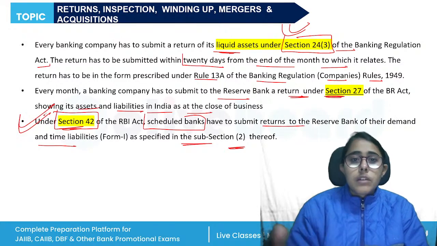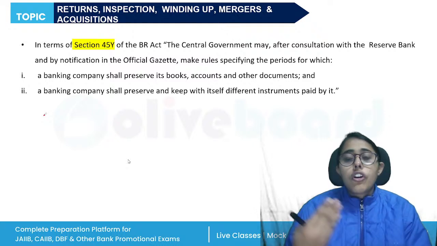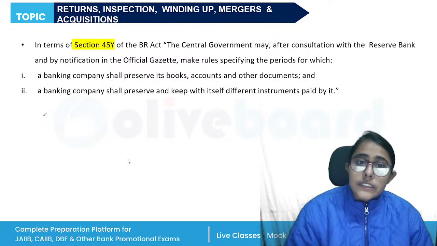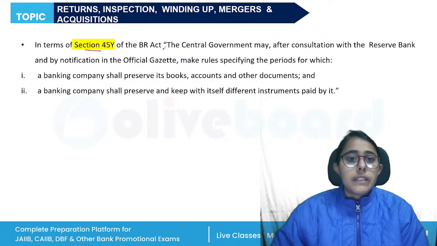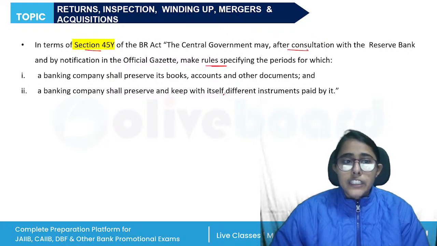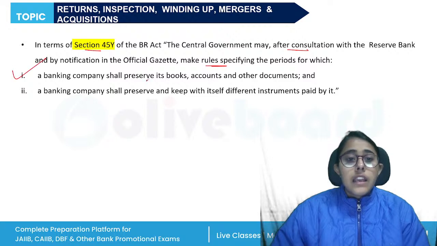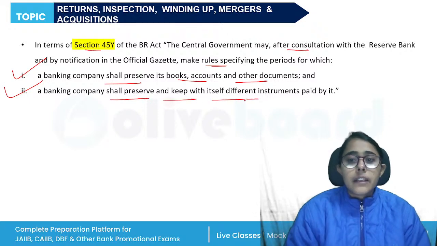Then if we talk about the preservation of records and the return of the paid instruments, this is given under section 45Y of the Banking Regulation Act, that the central government may, after consultation with the Reserve Bank, make rules specifying the periods for which a banking company shall preserve its books, accounts and other documents, and a banking company shall preserve and keep with itself different instruments that are paid by it.